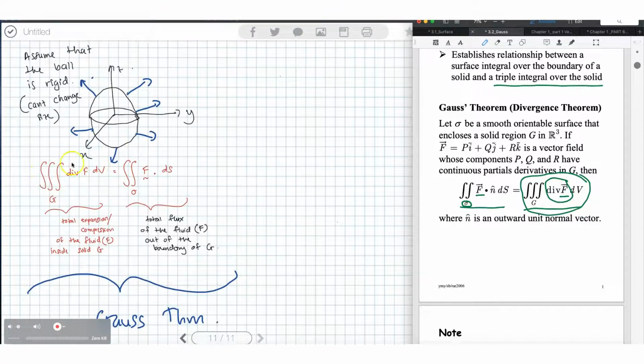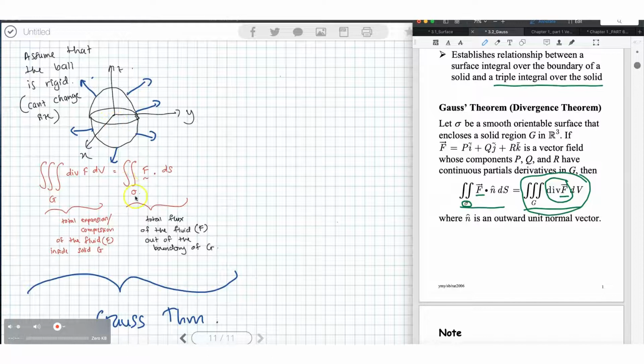So the left side tells you the total expansion or total compression of the fluid given by the vector field F, where the fluid or gas flows inside the solid. This is specifically for a closed surface only, not an open surface, where the closed surface becomes the boundary of the solid.